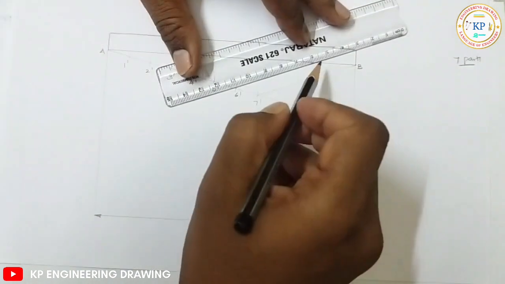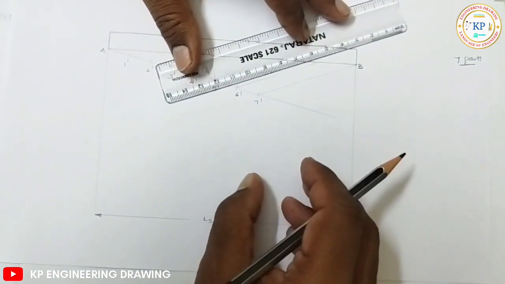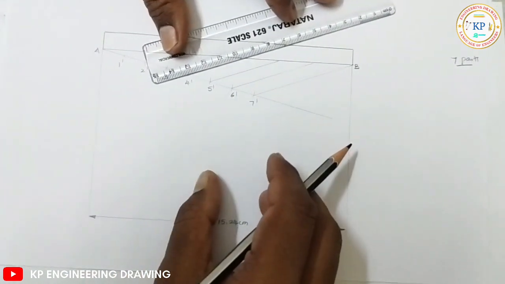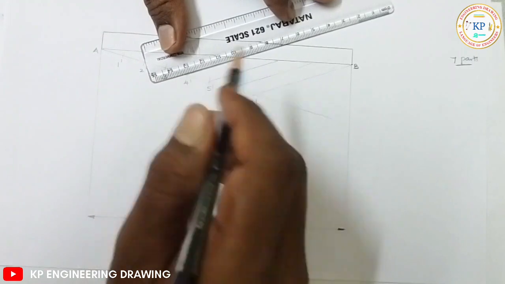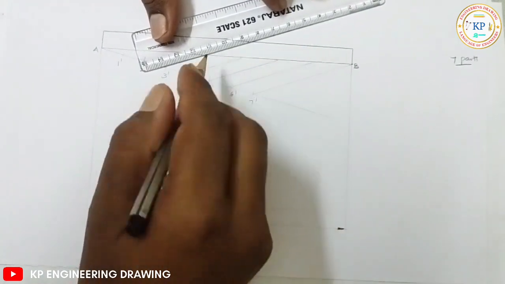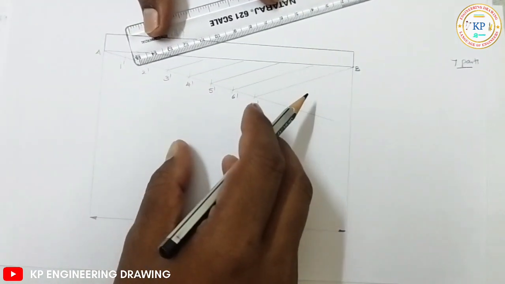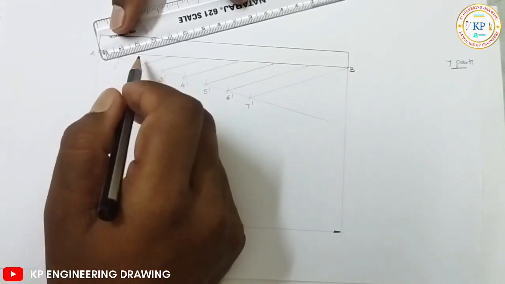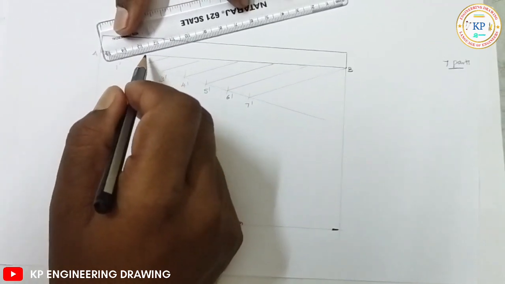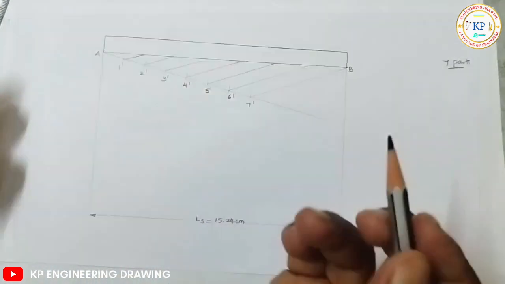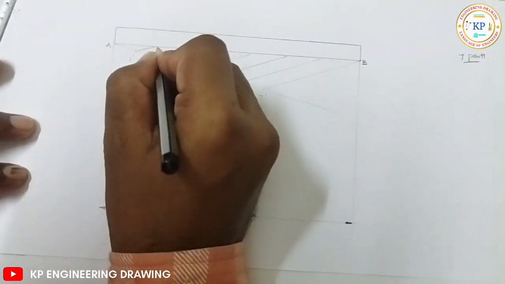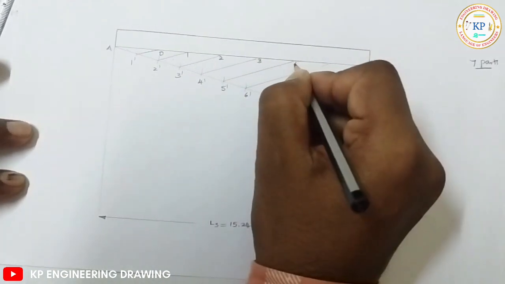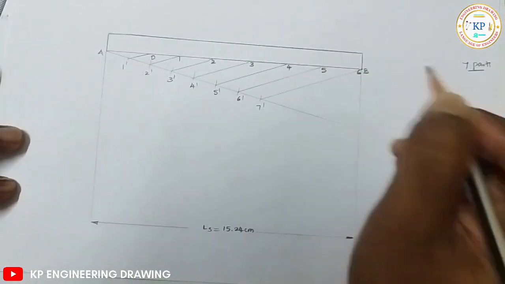So this is 6 dash, next point is 5 dash, 4 dash, 3 dash, 2 dash and 1 dash. So right here 0, 1, 2, 3, 4, 5 and 6.